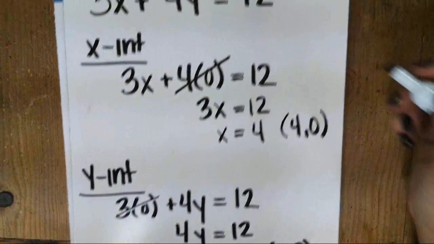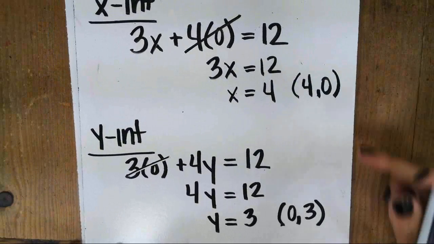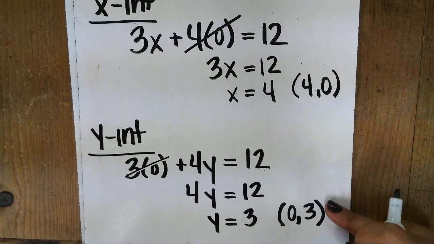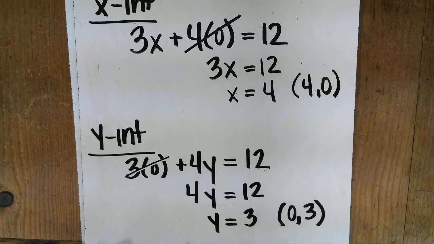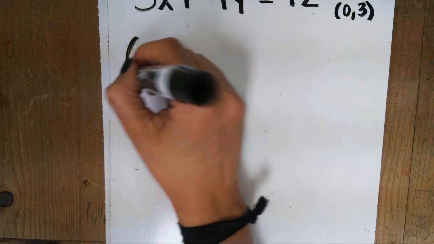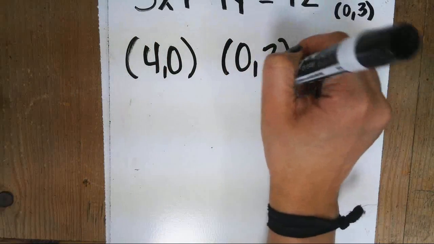Okay, so again, I'm going to go ahead and write that up here. And now I know that these are my two intercepts. I know that my line is crossing through those 2 points, and I can use those 2 points to find the slope now. Okay, so my 2 points were (4, 0) and (0, 3).